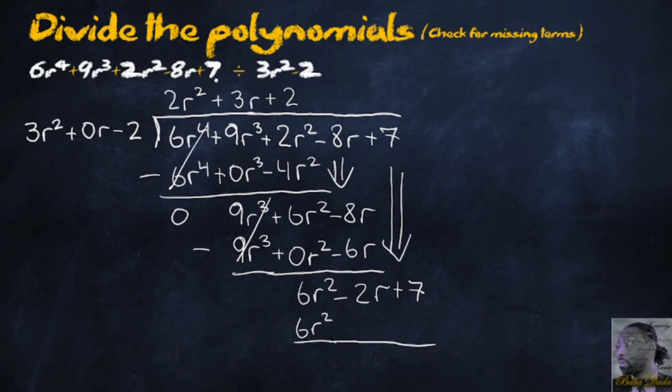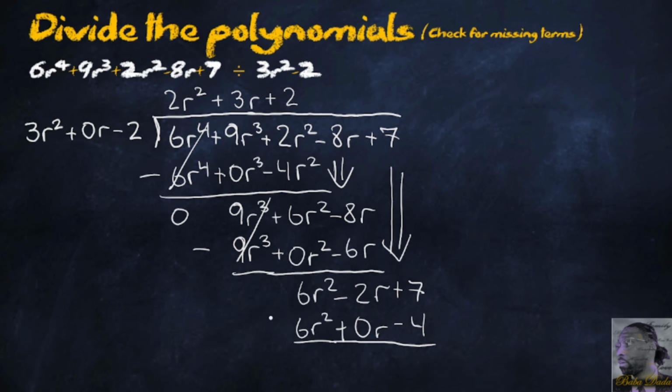So we're going to multiply this 2 by our 0r. So 2 times 0 is 0. So it's positive 0r. And then we're going to multiply this 2 by negative 2, which is going to give us negative 4.